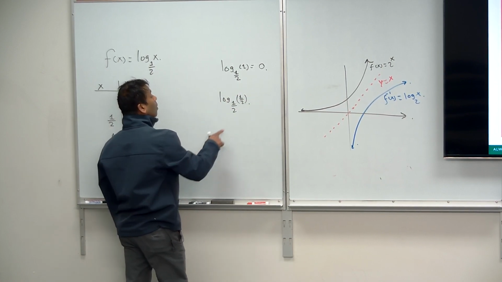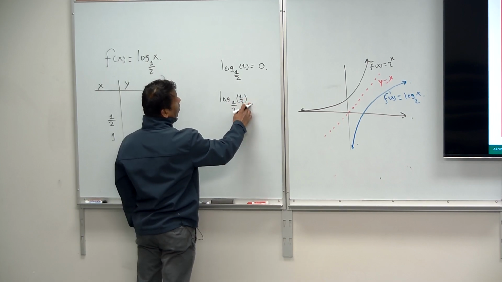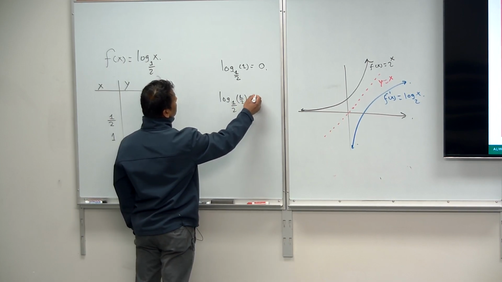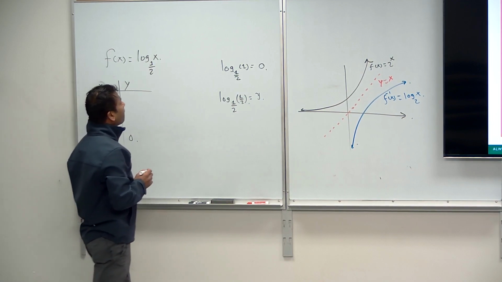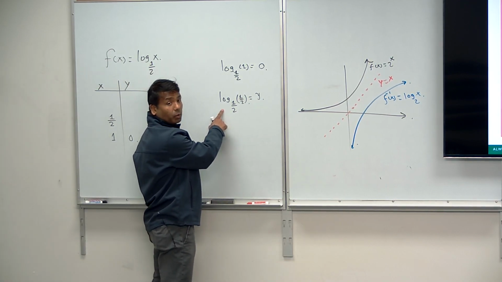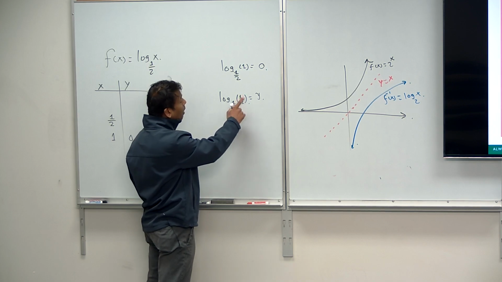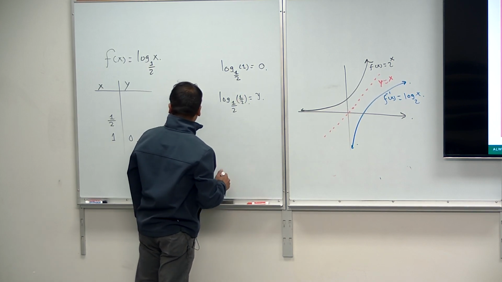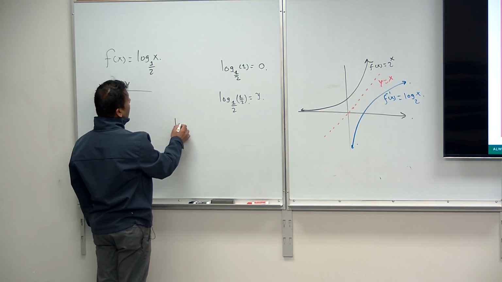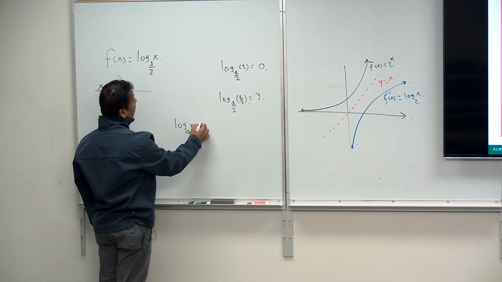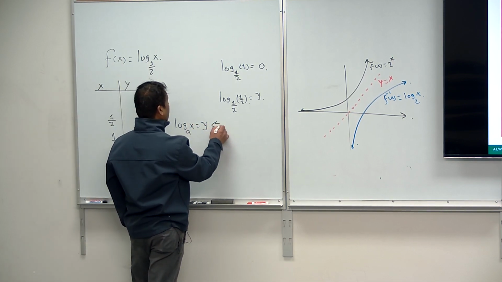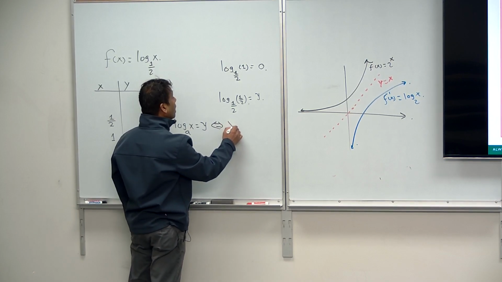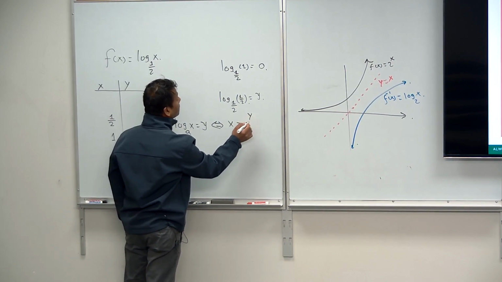Let's say you want to evaluate this and this is your y. Remember, logarithm with base a of x equal to y if and only if x equal to a to the power y.